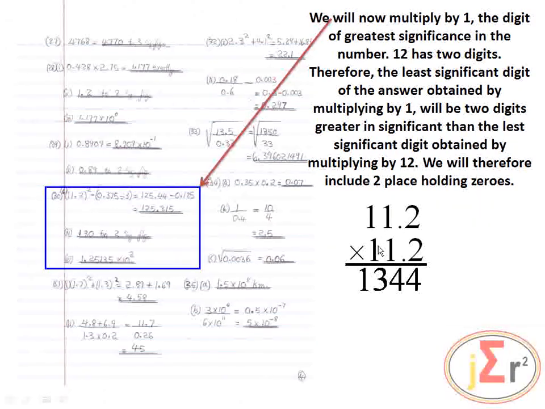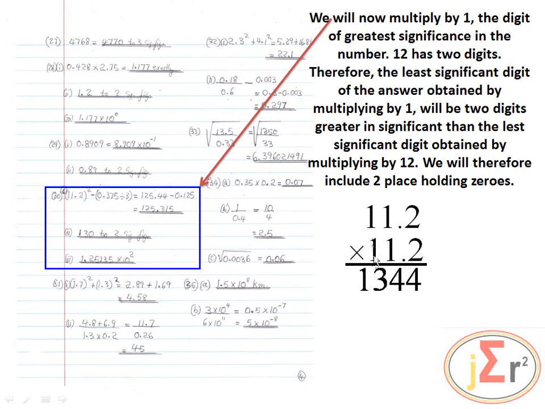Remember that we multiplied by 12 first, so we have this 1 to multiply by next, which is, of course, the digit of greatest significance in that number. 12 has 2 digits.